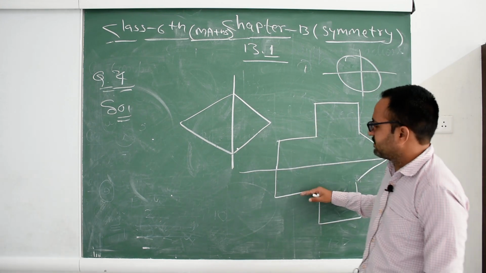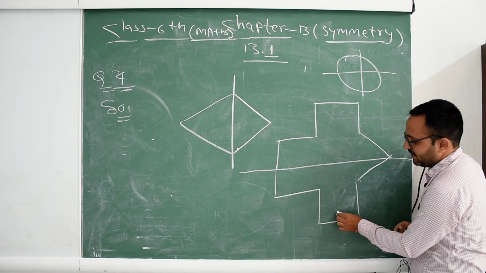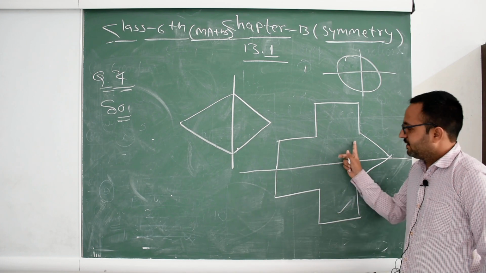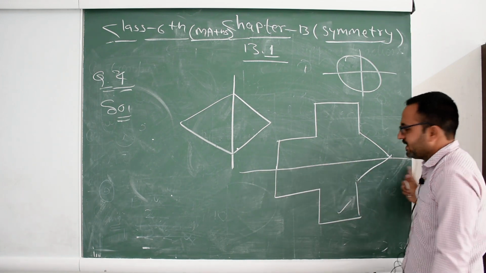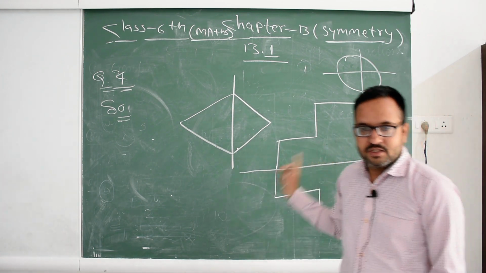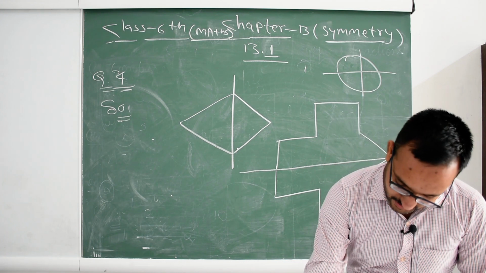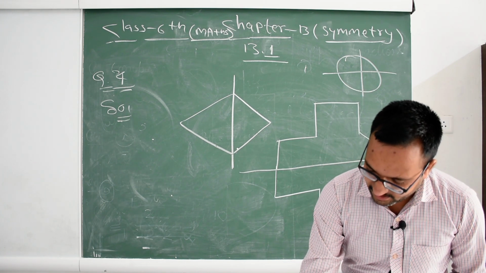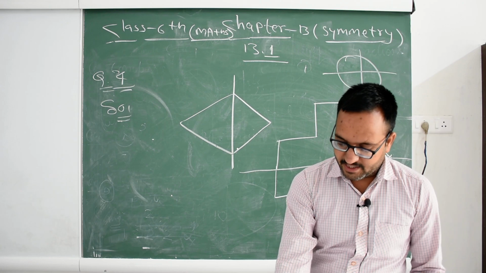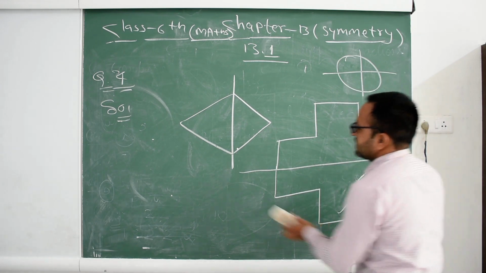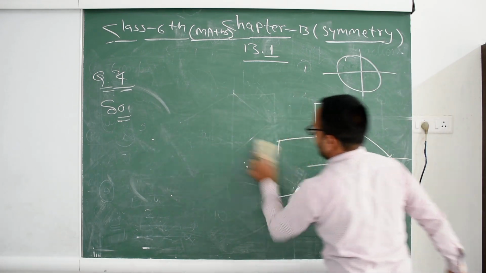So this is your complete diagram, and this is your line of symmetry. Now question number 5. Again we have an incomplete diagram and one line of symmetry. Question number 5.